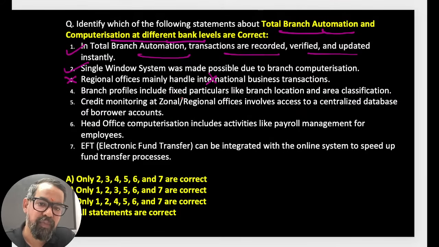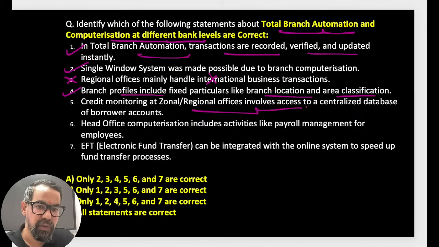Branch profile includes fixed particulars like branch location and area classification. Branch profile does include these, true. Credit monitoring at zonal or regional offices involves access to a centralized database of the borrowers.